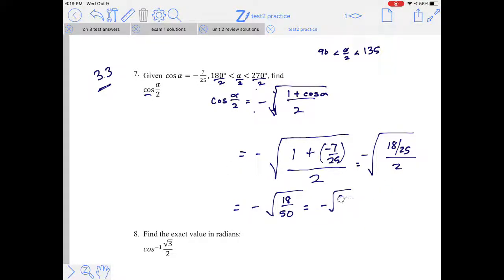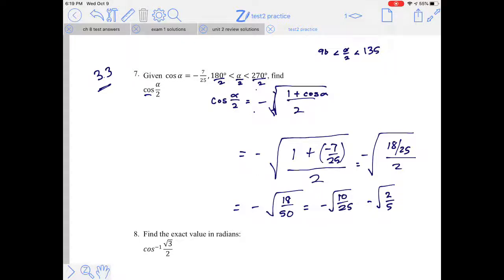What if it was, I don't know, the square root of 10 over 25? We could make that 2 over 5. I'm okay if you leave it like that, honestly.